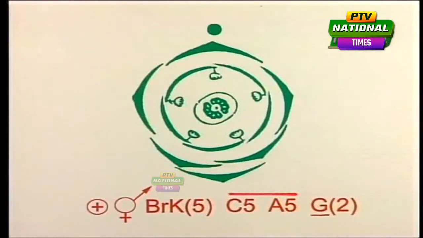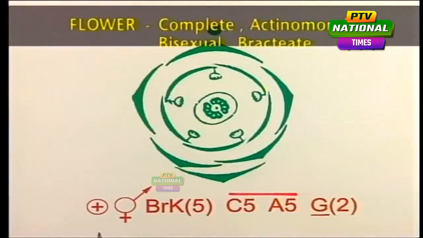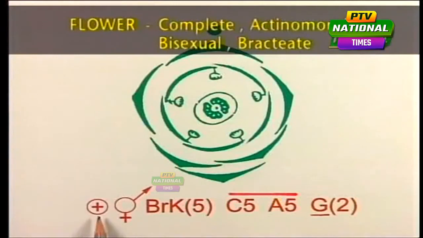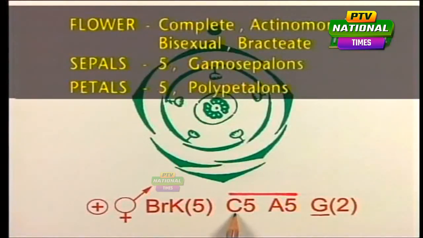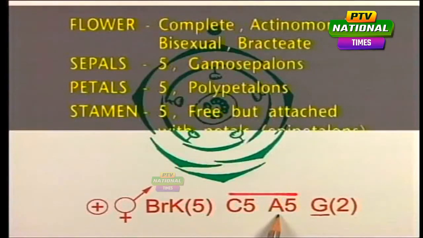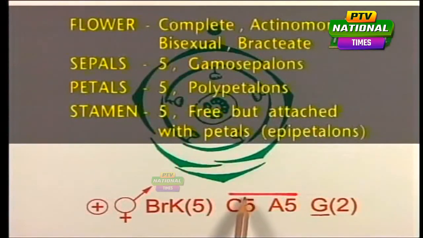And as you can see from this floral diagram and floral formula, this is a complete flower, it is an actinomorphic flower, it is a bisexual flower, it is bracteate, it has a bract, which is this, it has 5 sepals, which are gamosepalous, it has 5 petals, which are polypetalous, it has 5 stamens, which are free but attached to the petals, as illustrated here.